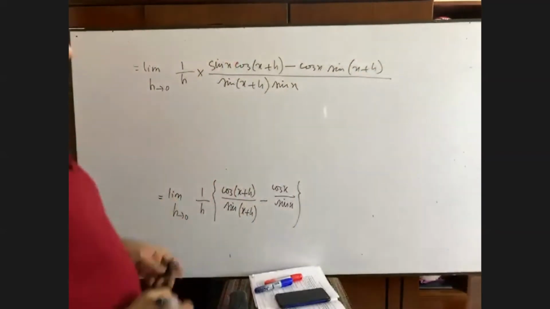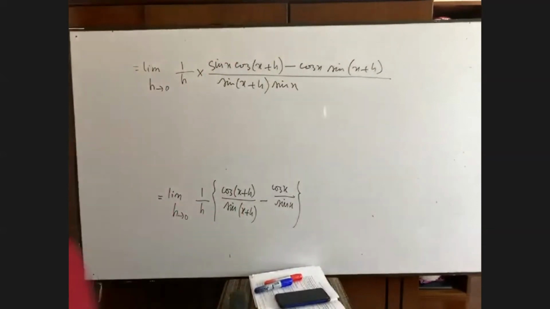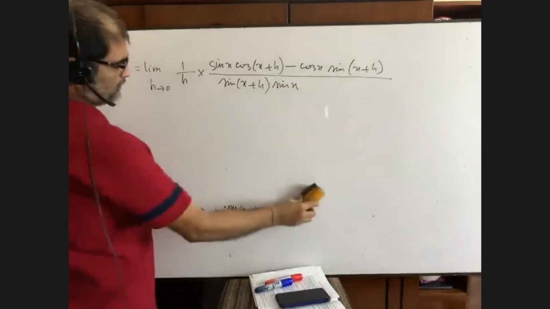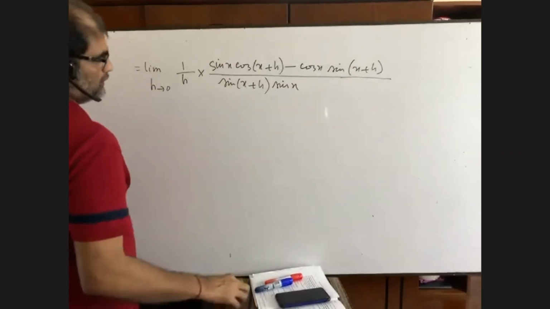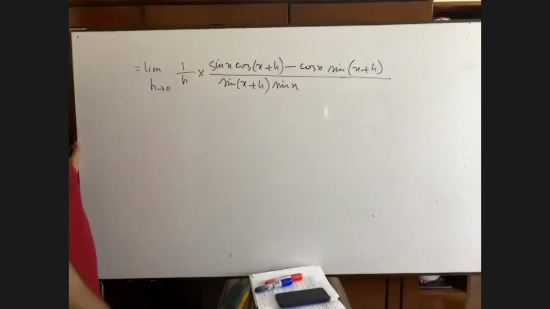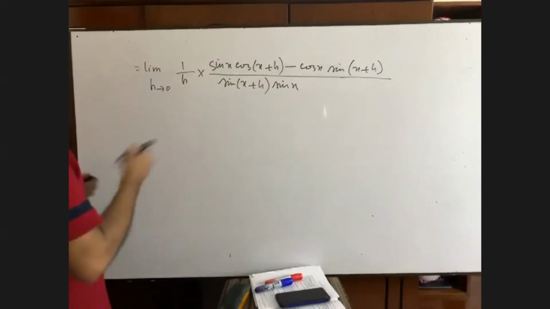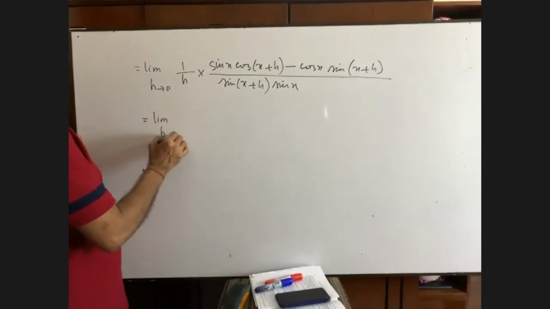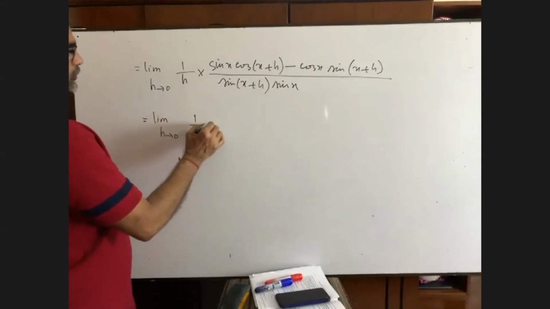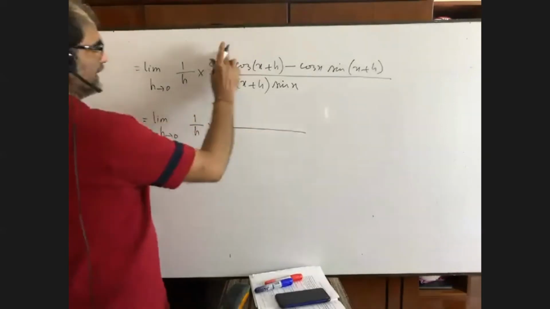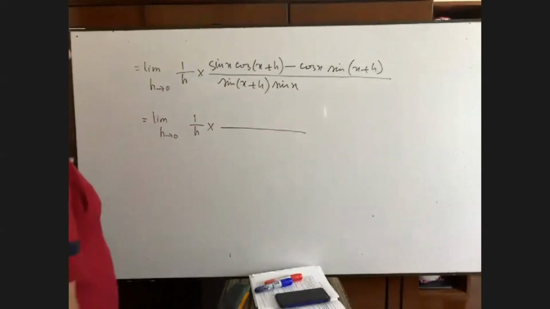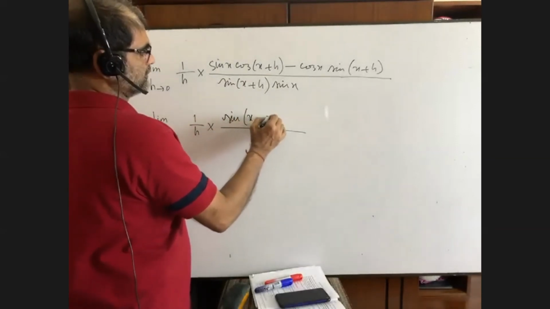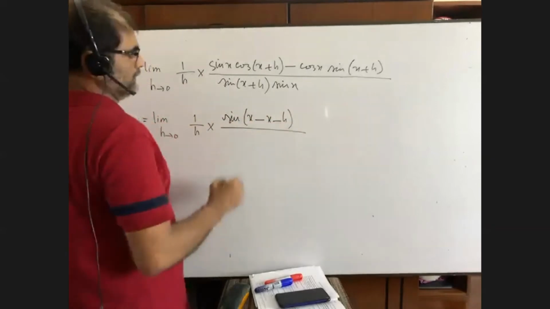The numerator now can be put into formula, formula number 2. What is the formula? In the exam, normally the students become confused, which one is A, which one is B? Okay, anyway, limit h tends to 0, 1 by h into sin A cos B minus cos A sin B equals sine of A minus B.